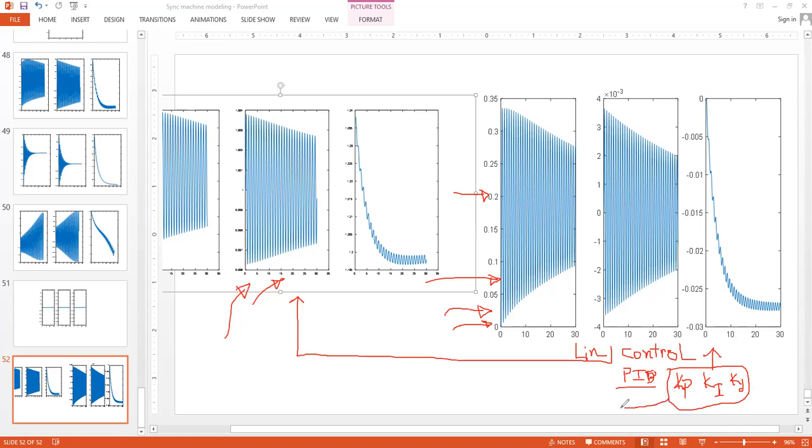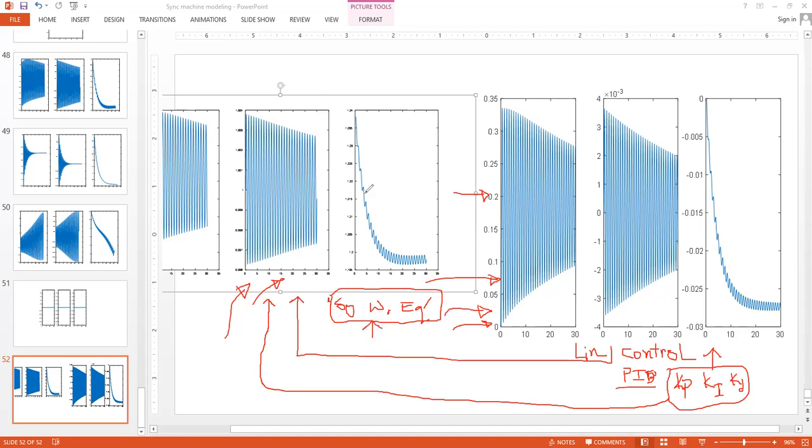Then you take that PID controller and implement it for this nonlinear model of the SMIB system, with the hope that the system would remain stable, in the vicinity of your original nonlinear equilibrium point, delta naught, omega naught, and Eq prime naught. So your controller should be sufficient to control the nonlinear model around this equilibrium.